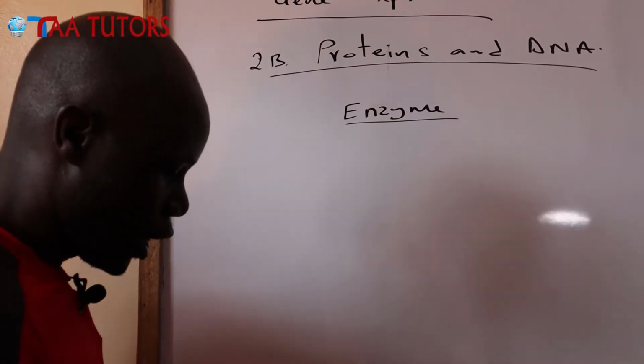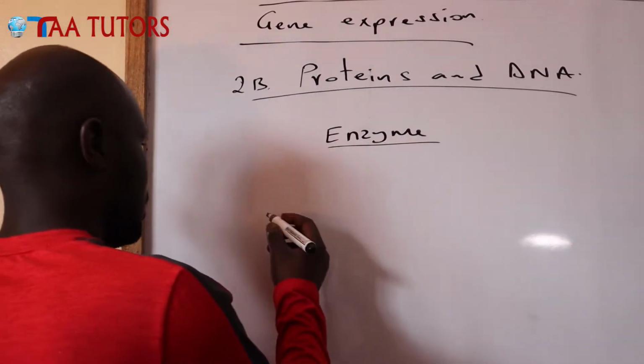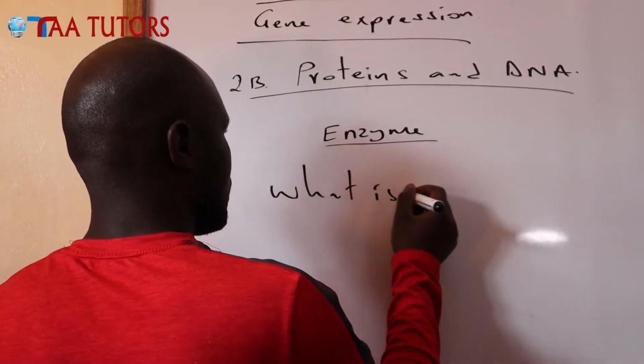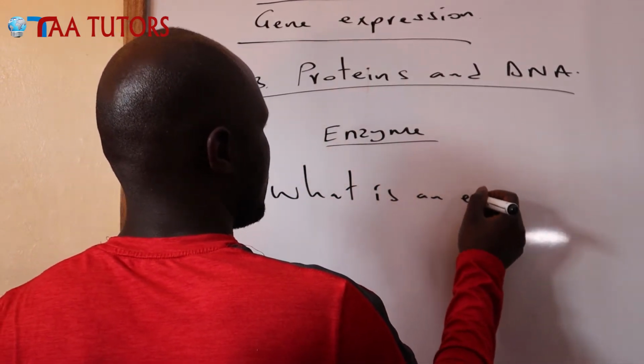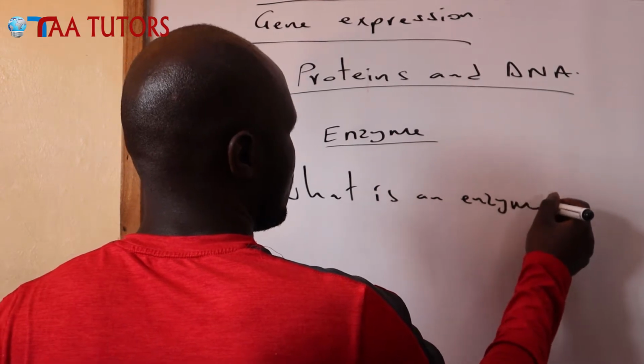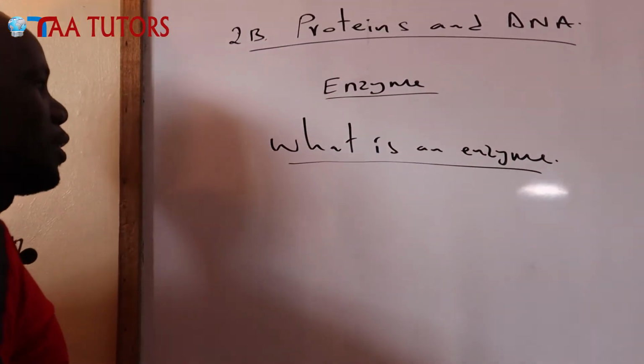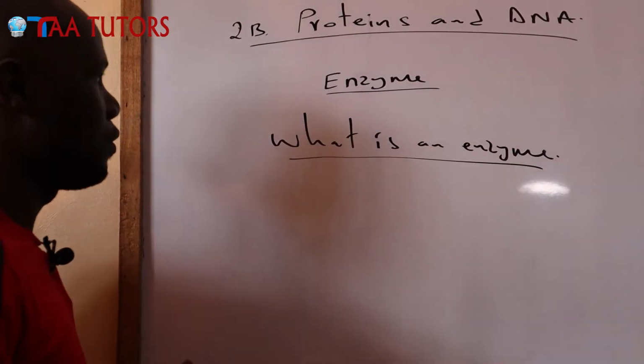So today I just want us to understand what an enzyme is. We want to really try to understand what an enzyme is and how it helps us in daily activities.